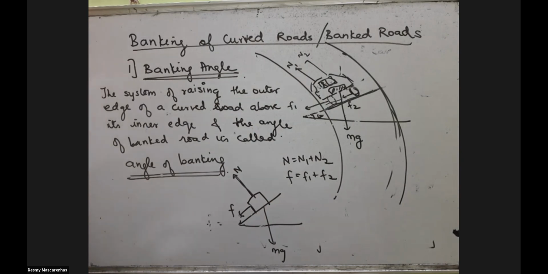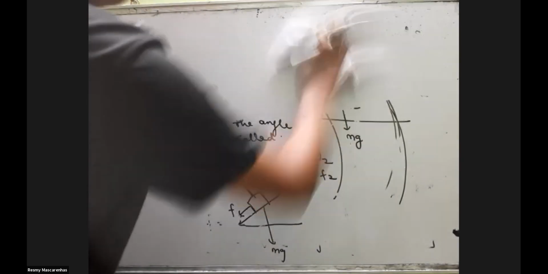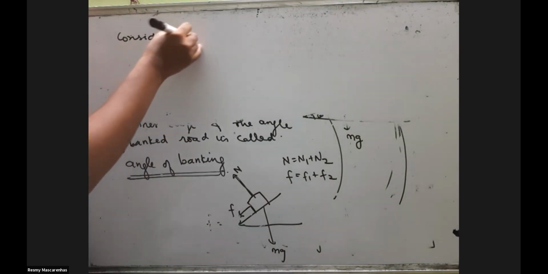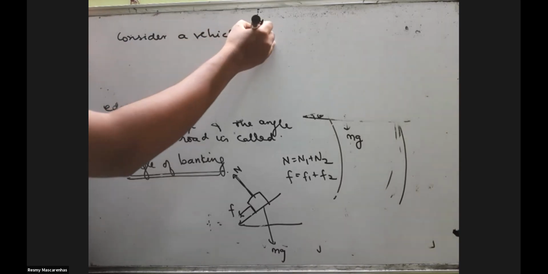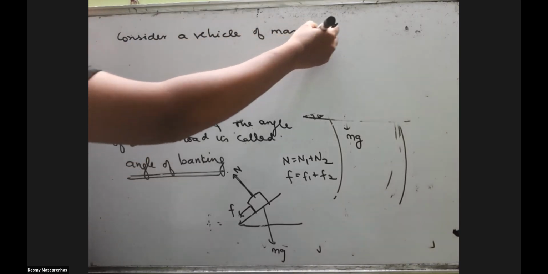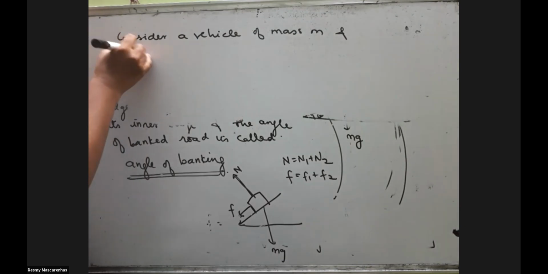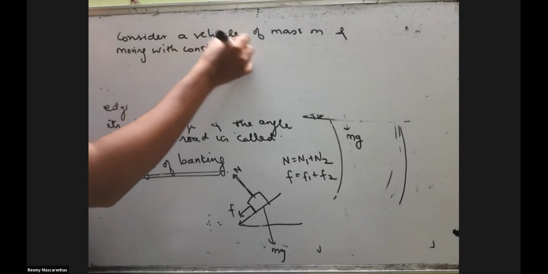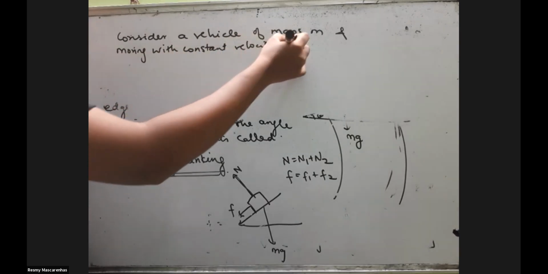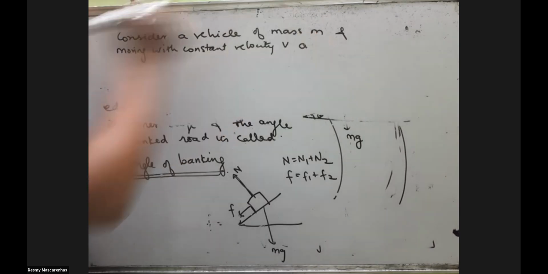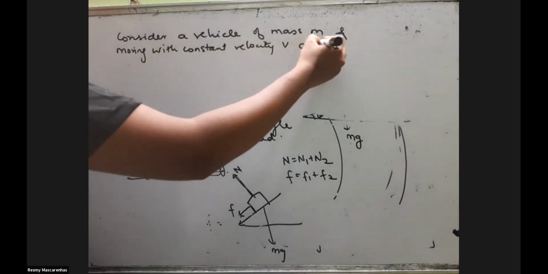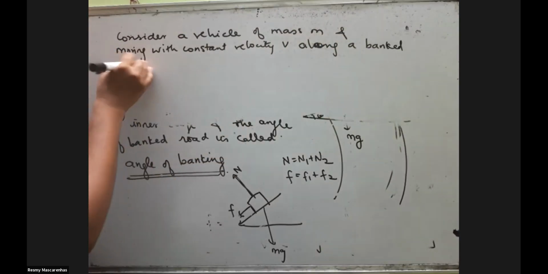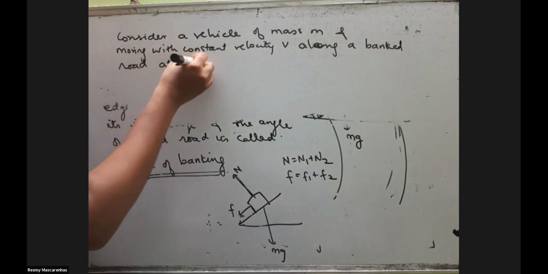We can write then, consider a vehicle, same thing like previous only, of mass m and moving with constant velocity v along a banked road at an angle theta.